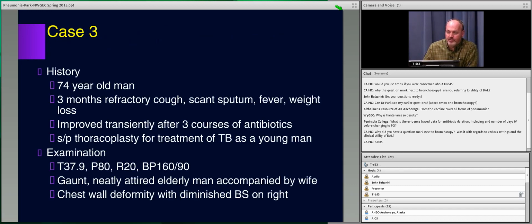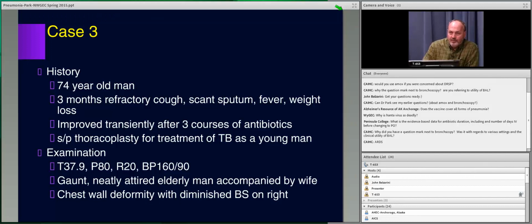Over the course of 2 or 3 days, she went from a pretty healthy elderly woman to nearly dead. She recovered, but it was a long, hard slog.